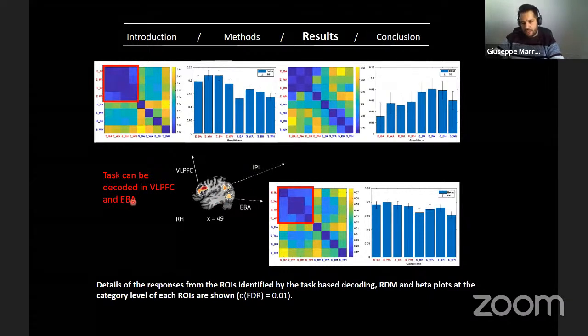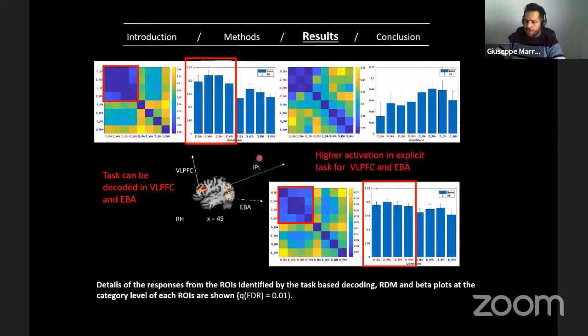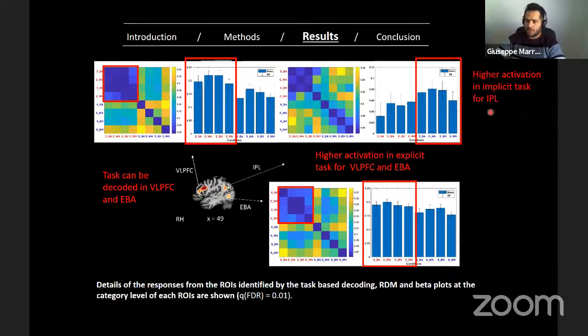From this, we see that the difference between explicit and implicit body expression processing can be decoded in these 2 areas, although there is no emotion specificity. On the same panel, we see that there is a higher activation for the explicit task in the same 2 areas, while on the opposite, we have a higher activation for the implicit task in IPL.